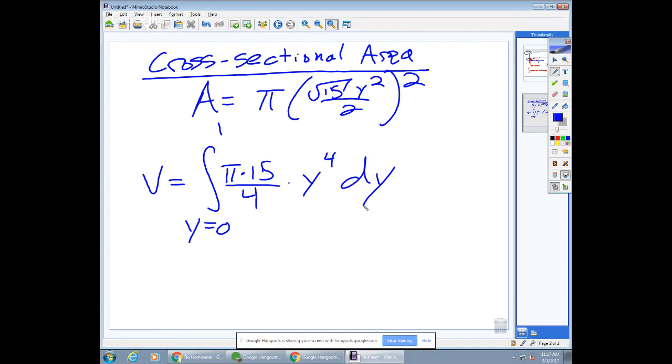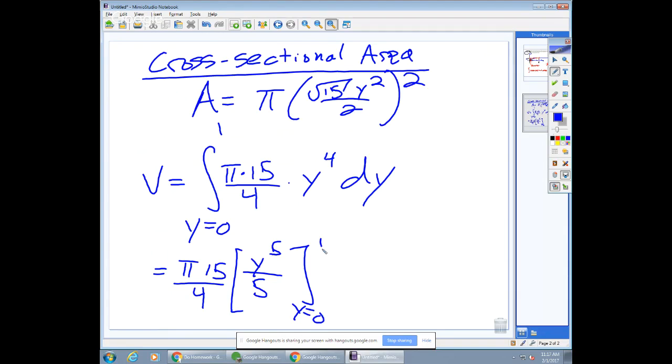All right, so pulling out the constant pi 15 over 4, and the antiderivative for y to the 4th is y to the 5th over 5, integrating from y goes from 0 to 1. Isn't too bad. That's going to be 1/5 minus 0.